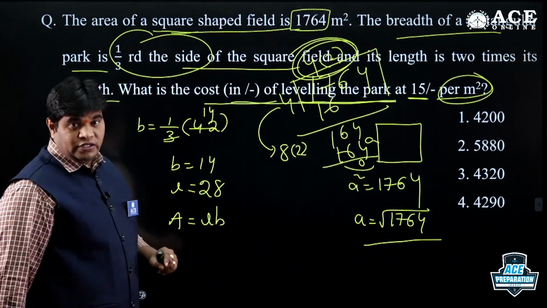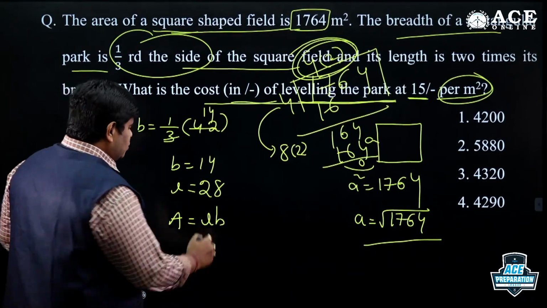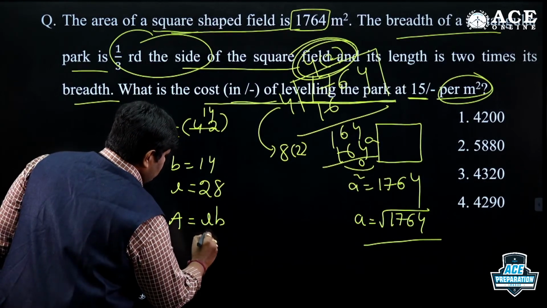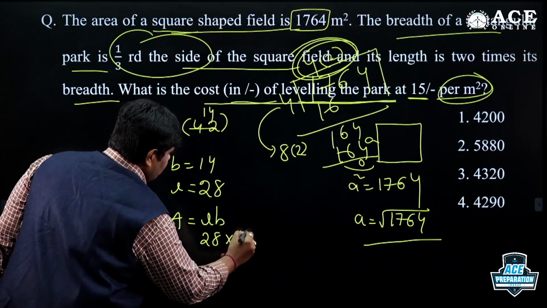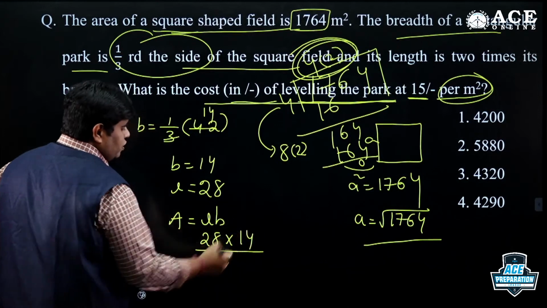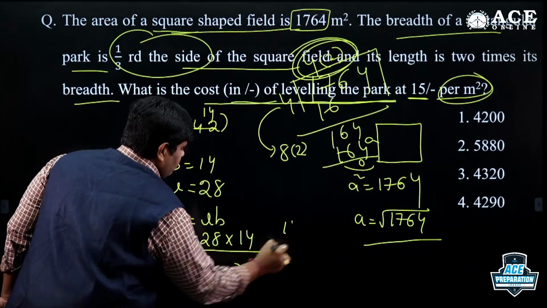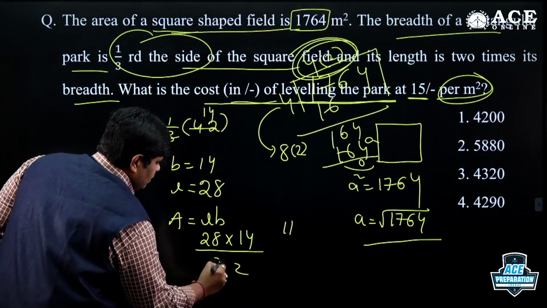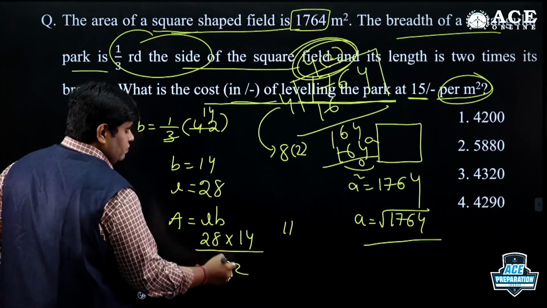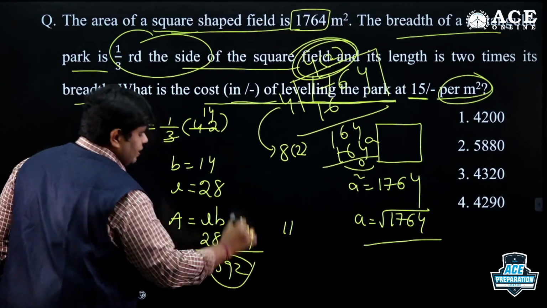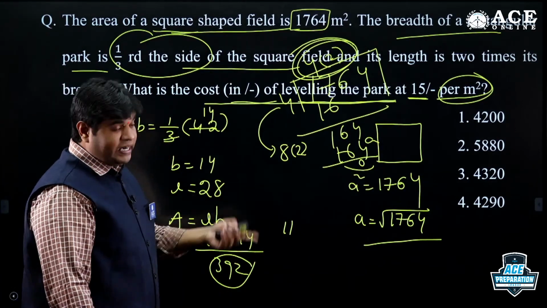Area of the rectangle is L into B, so 28 into 14. 8 14s are 112. So 392 meter square.